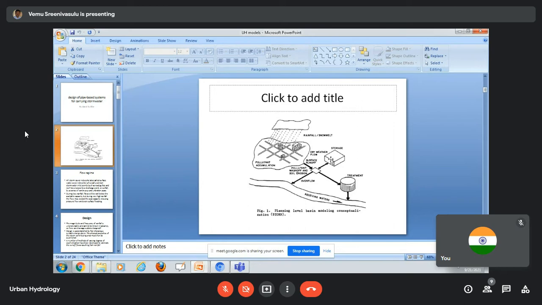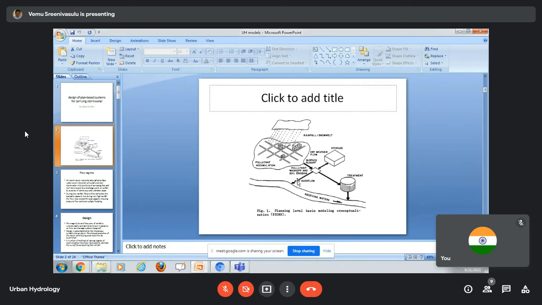See, there are two links. Surface water will be collected and sent to the storage, or from the storage it will also come to this point. If the pollutant levels in this storm water are within the limit, it will be directly diverted to the river.